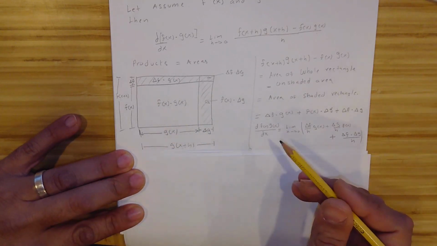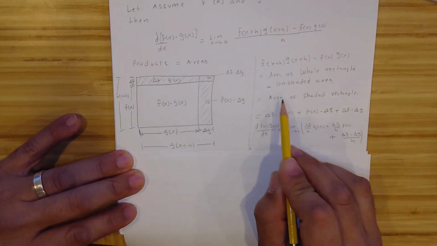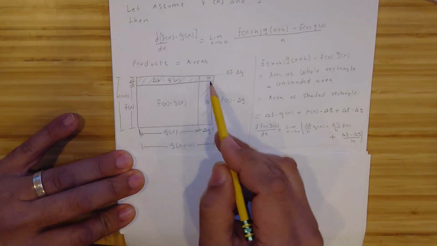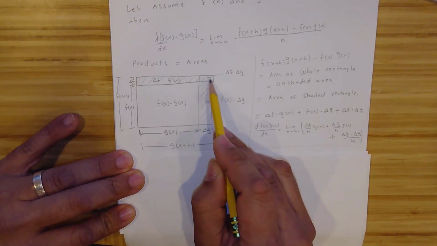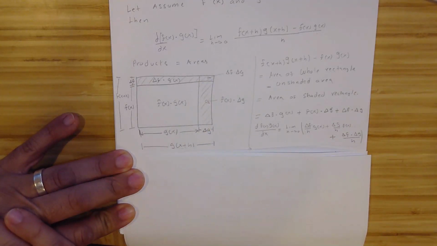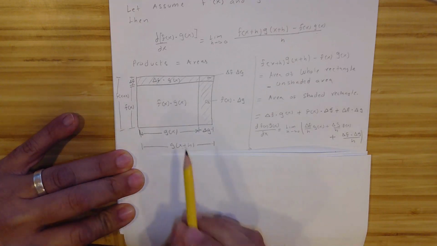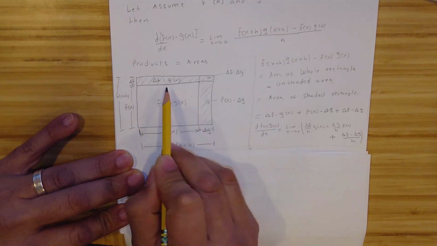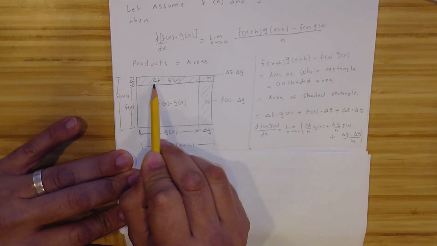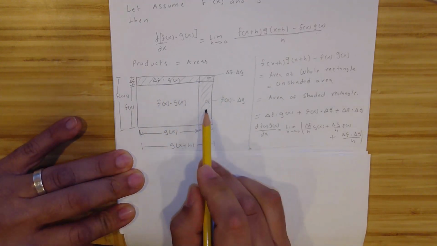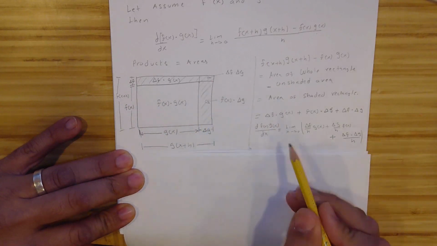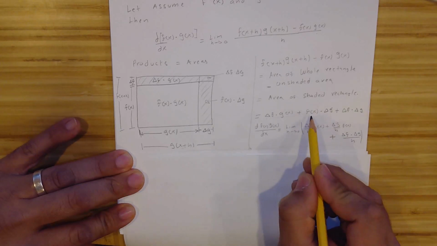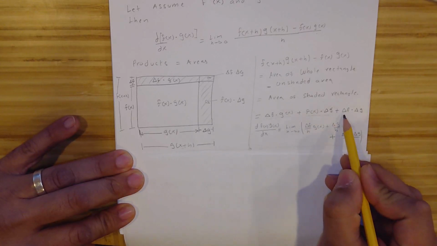So this is equal basically to the shadowed rectangles: this rectangle, this rectangle, and this little box here. This rectangle until here is g of x multiplied by the delta f. The same thing for the other two rectangles. So this is the first rectangle, this is the second one, and this is the little box.